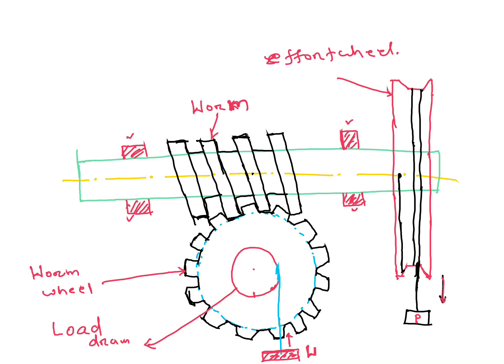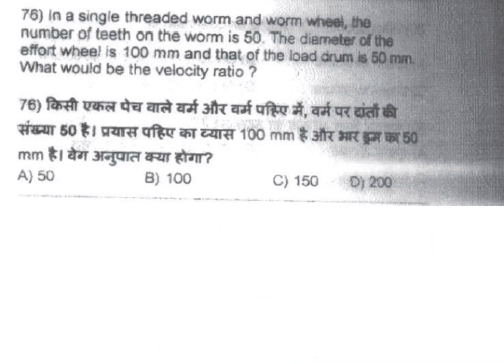Then in this question, data given as number of teeth on the worm is 50, diameter of effort wheel given, diameter of load drum given.